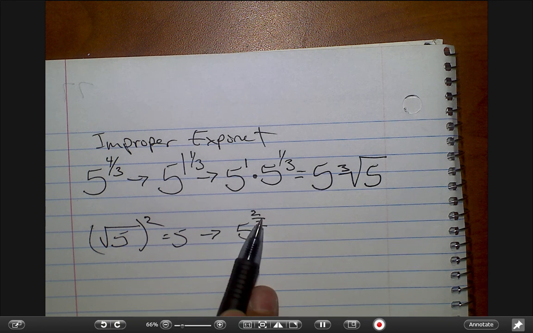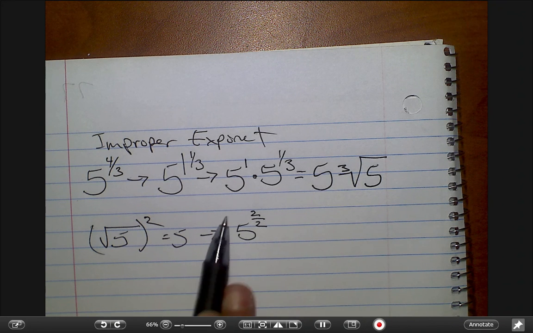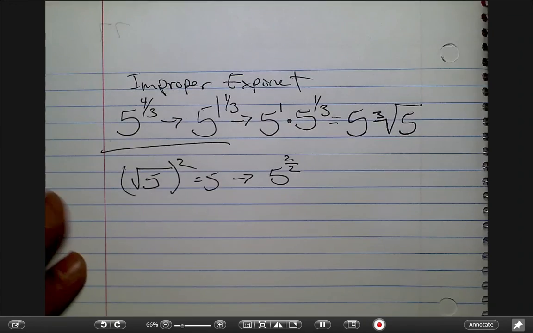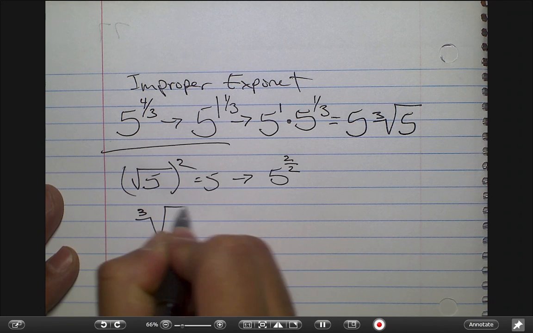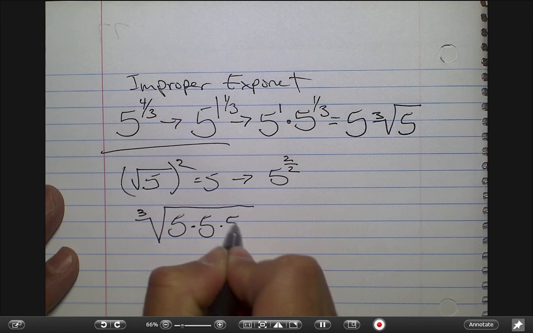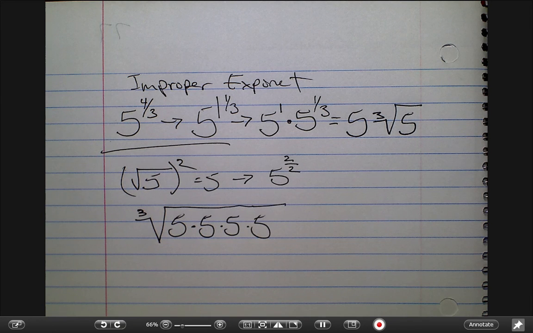Okay, so there's that. But now if I have more on top, let's go back to this one up here. So it's the cube root of 5 times 5 times 5 times 5. That's my 5 to the 4th. Yes?